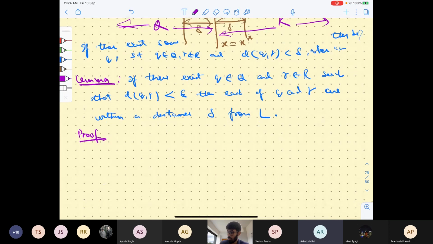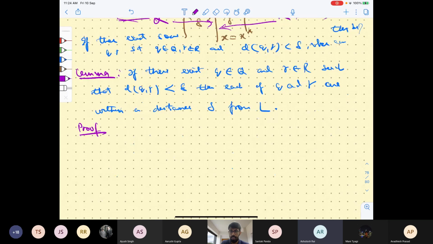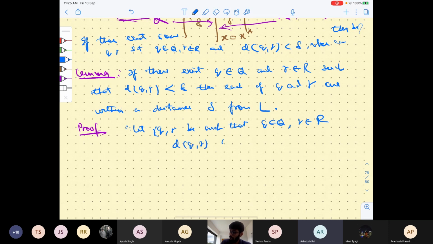Let's write this as formally as two inequalities. Suppose Q and R are such points: Q belongs to Q, R belongs to R, and d of Q comma R is less than delta. Then what do we have?